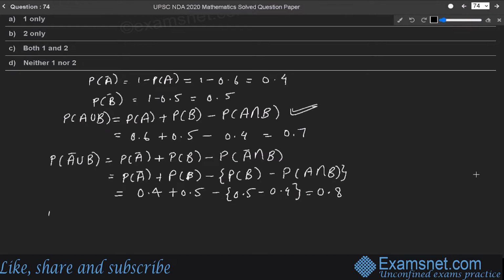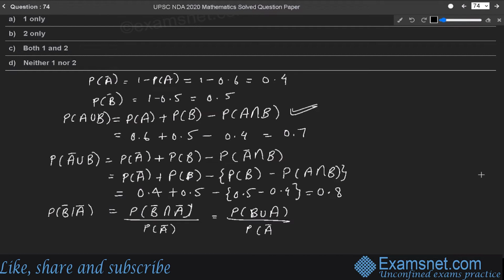Now let us see the second statement. Second statement says P of B bar upon A bar. So let us find the value. Here we will use the conditional probability. So by using the conditional probability, this will be equals to P of B bar intersection A bar upon P of A bar. See, firstly the numerator part can be written as P of B union A bar by De Morgan's law upon P of A bar.